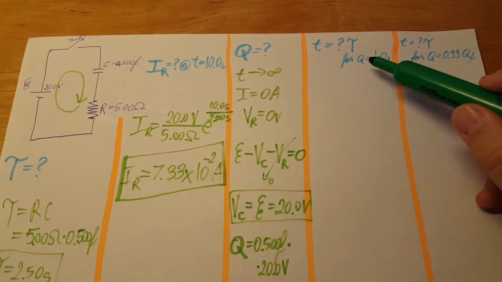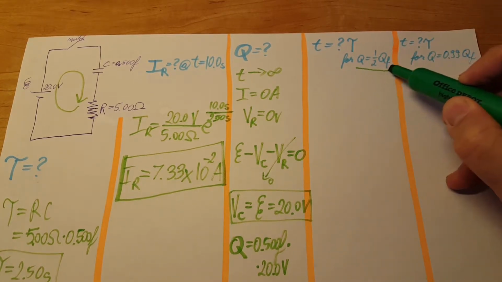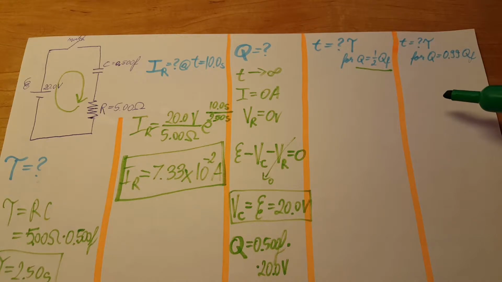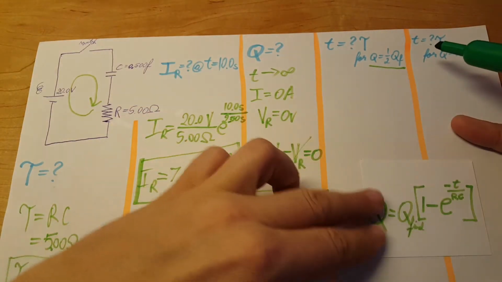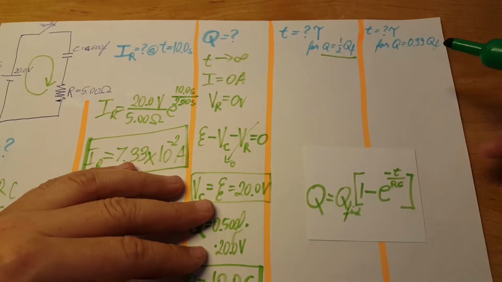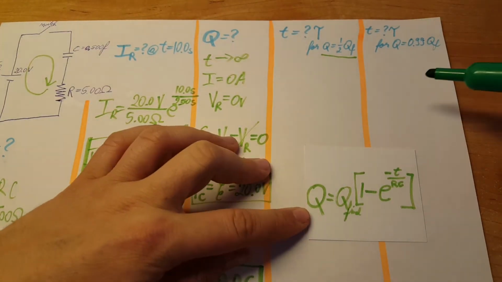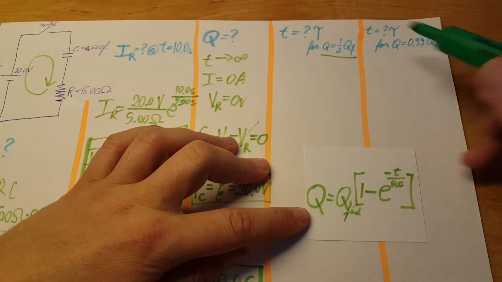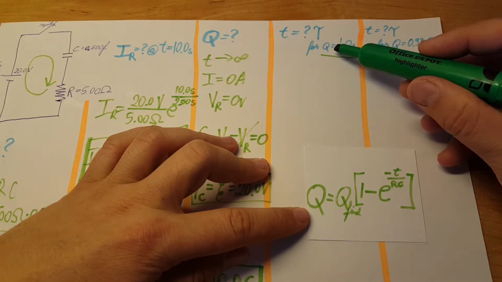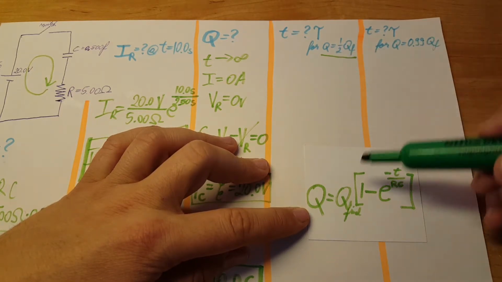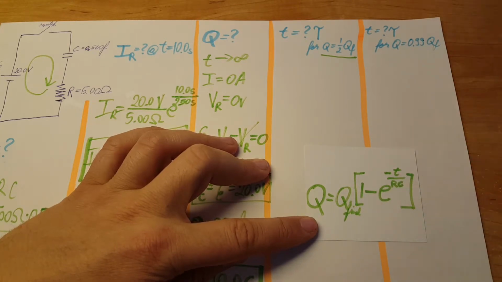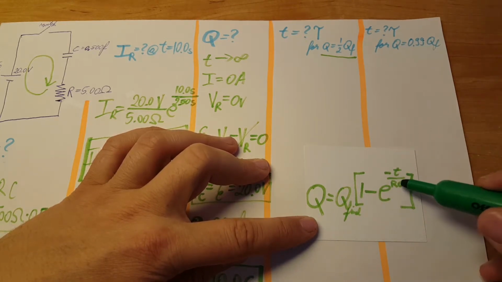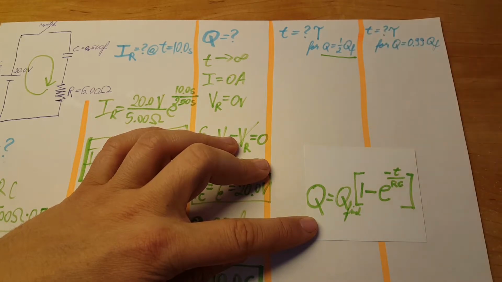Writing this in such a way will be quite helpful. We're gonna use this formula, and here we can use this equation that we created to start solving for our t, and this will be our tau.